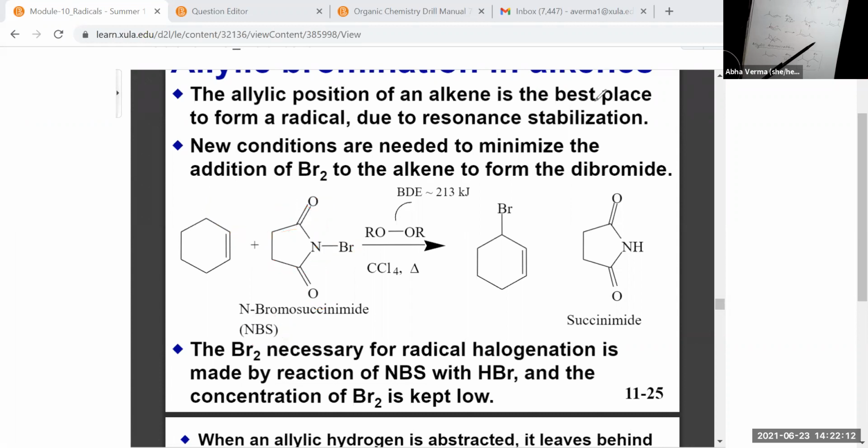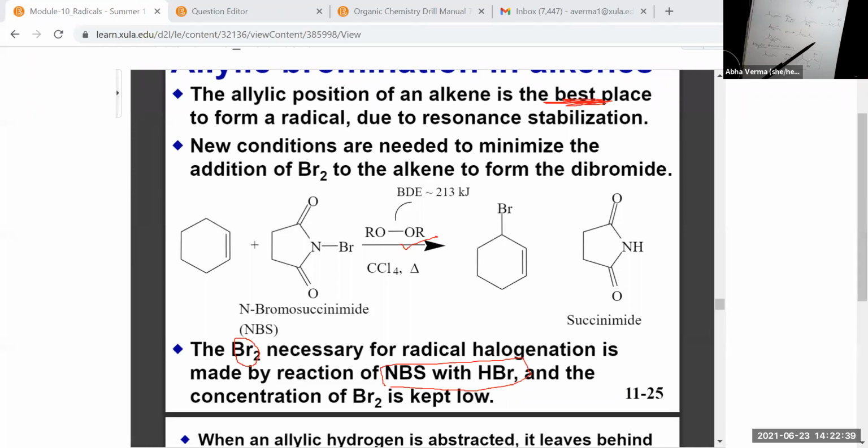Moreover, the allylic position of an alkene is definitely the best place to form a radical because of resonance stabilization. The bromine necessary for this radical to form comes from N-bromo and HBr. So you definitely need this particular initiator.